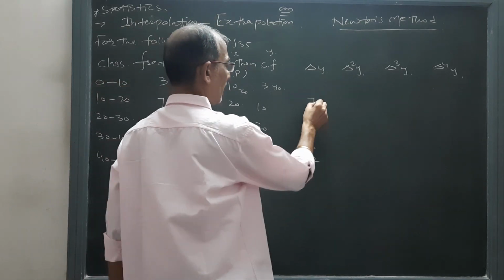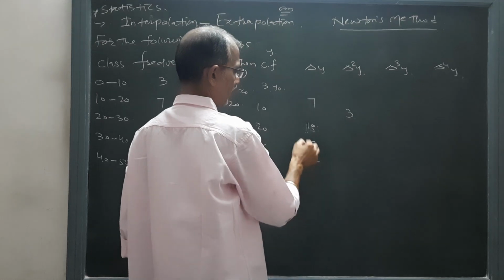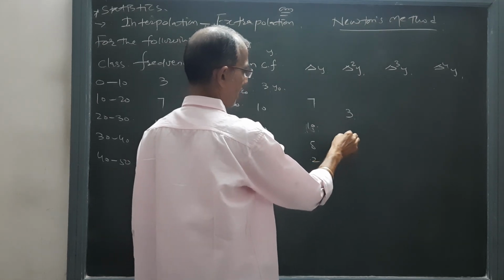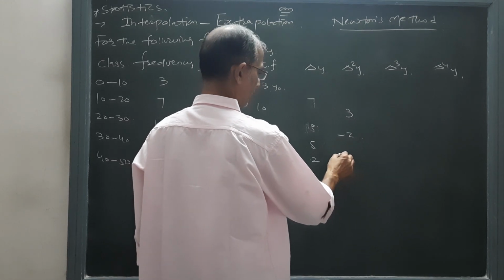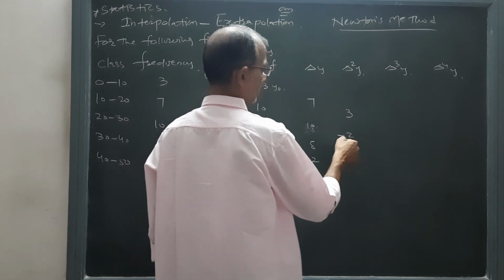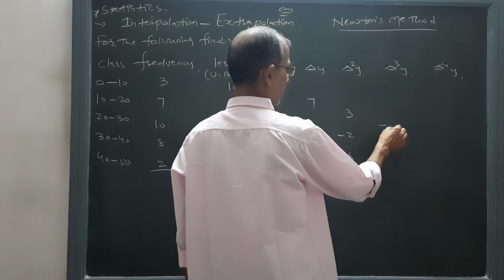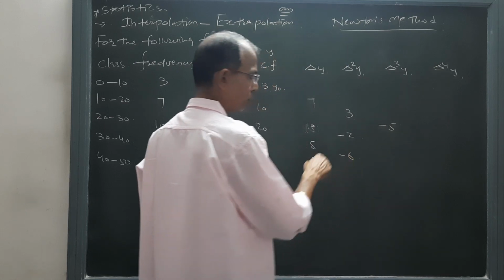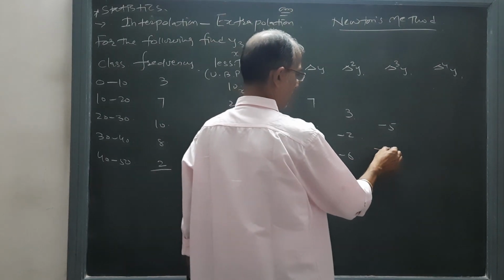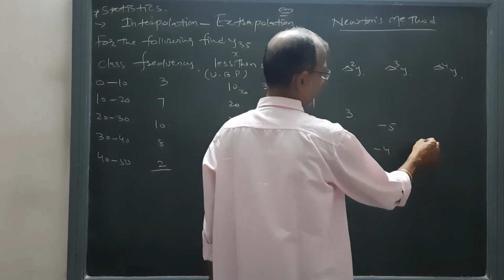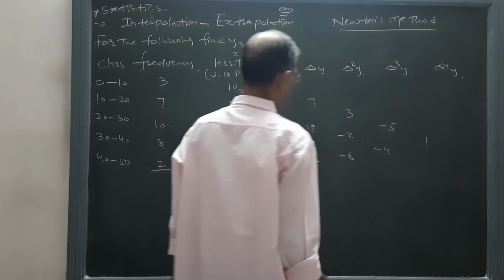Then 10 minus 7 will be 3, 8 minus 10 will be minus 2, 2 minus 8 will be minus 6. Minus 2 minus 3 will be minus 5, minus 6 minus minus 2 will be minus 4, and minus 4 minus minus 5 will be 1.